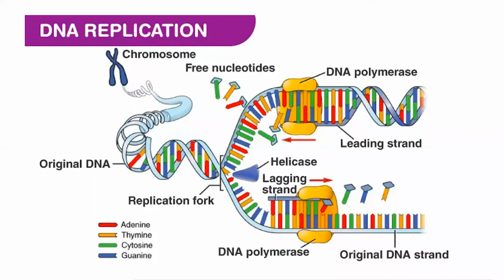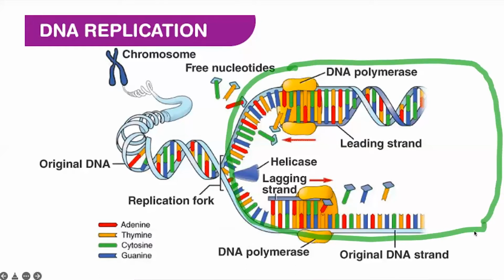There are approximately 30 to 40 proteins whose job it is to make sure that... so I'm going to draw a sort of a, so this whole thing over here, if you look at it under a high resolution EM microscope, it looks like a bubble like this. And this bubble moves forward in the direction replication is taking place.